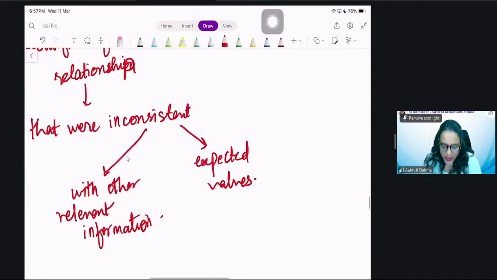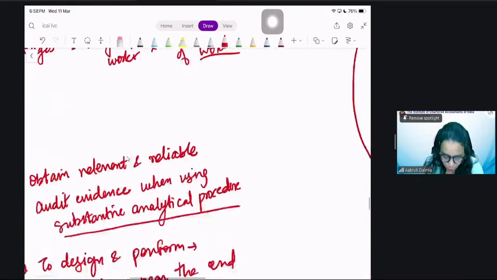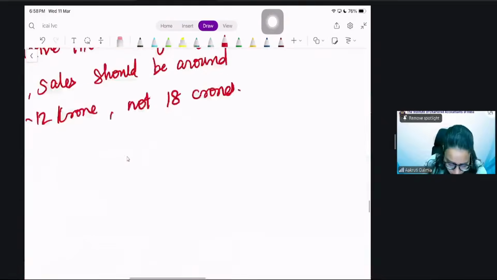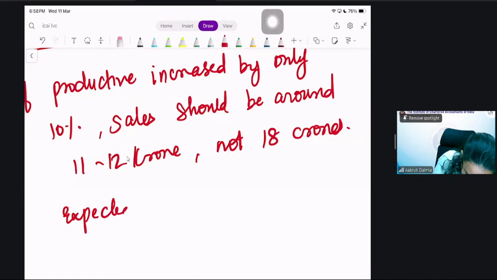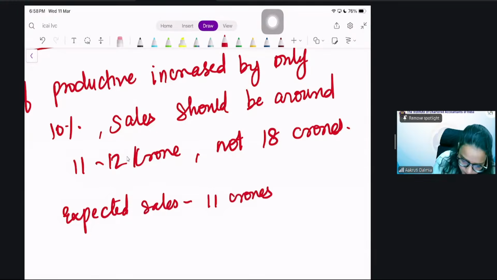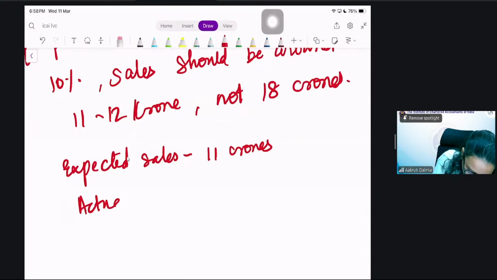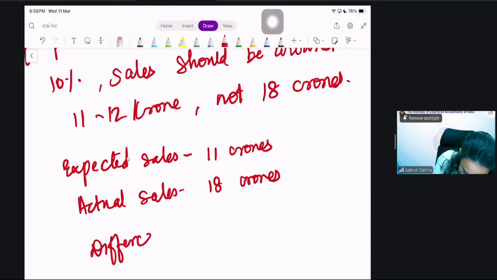So according to my analysis, within what range should the sales be? 11 to 12 crores. But it is 18 crores. So expected sales 11 crores, actual sales 18 crores, difference 7 crores.